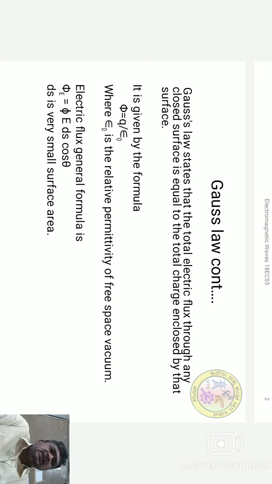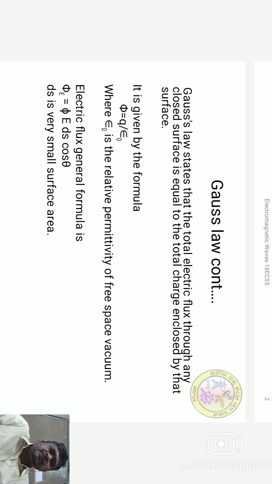Epsilon naught is the permittivity of free space. Its value is 8.854 into 10 to the power of minus 12.